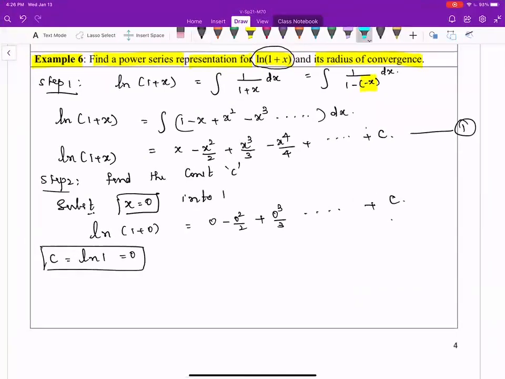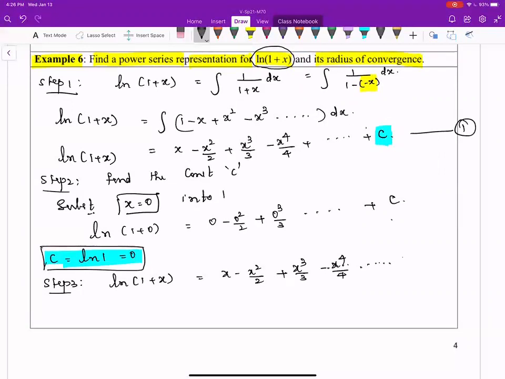So substitute this value of c equal to 0 into equation 1, we get ln of 1 plus x equal to x minus x square over 2 plus x cube over 3 minus x to the power 4 over 4. If we write that in the sigma notation, it will become sigma negative 1 to the power n minus 1 x to the power n over n, n varying from 1 through infinity.